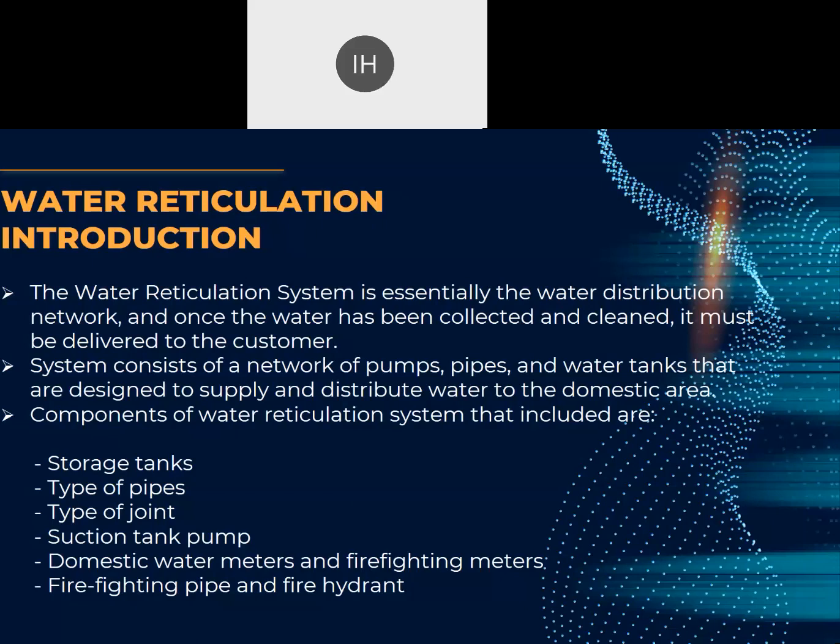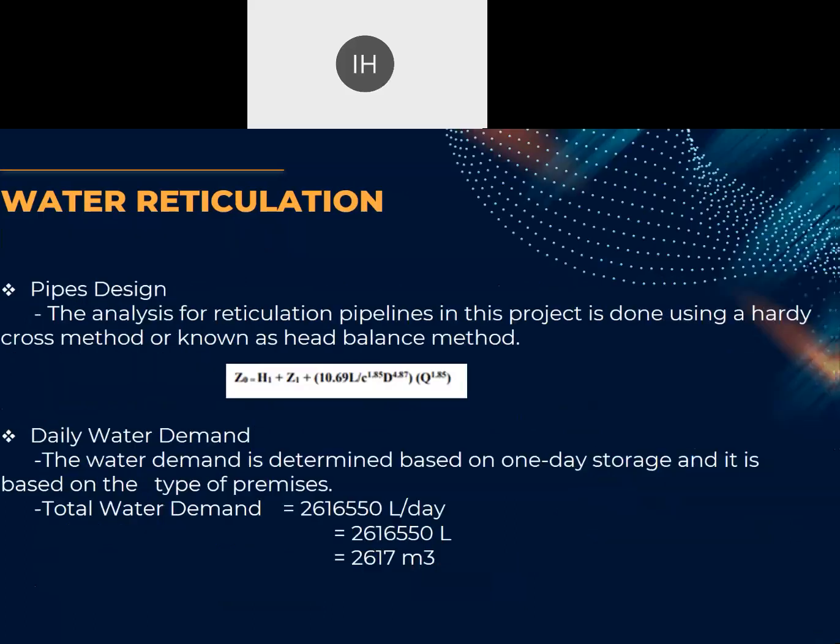Components of the water reticulation system include storage tanks, type of pipes, type of joint, suction tank, pump, domestic water meter, firefighting meters, firefighting pipe, and fire hydrant.